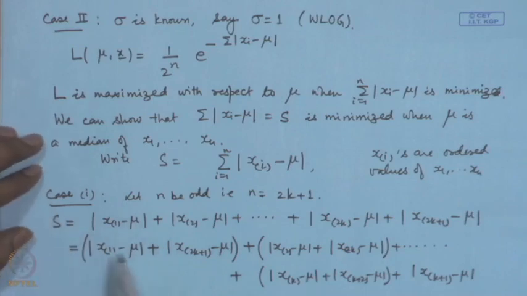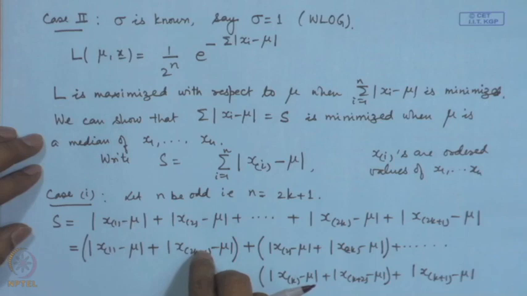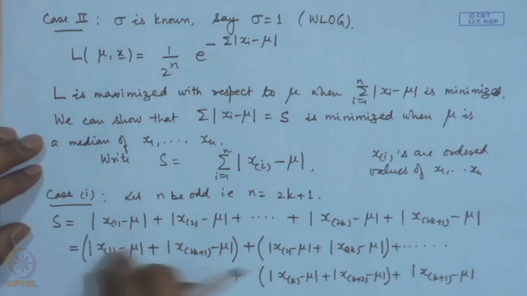What we do? We look at the minimization of each of these terms which I have clubbed together. So, if you look at these two, here it is the x_1 and this is x_2k+1. If I consider mu to be any value between these two, then this will turn out to be x_2k+1 minus x_1, that will be the minimum value.